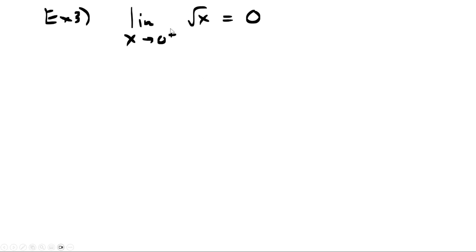Notice we're going from the right-hand side. That helps a lot. Because we're going from the right side, we don't need the absolute values anymore, since we're just on the positive side of 0. So the condition changes a little: if 0 is less than x is less than delta, notice I don't need absolute value. I'm not going into the negatives, not to the left side of x.